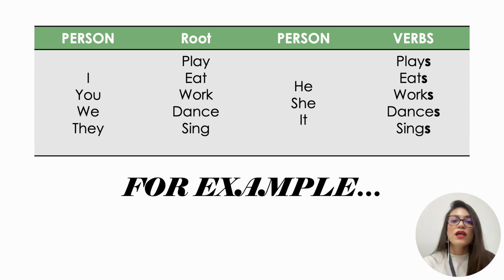For example, he plays, she eats, he works, she dances, he sings, okay? So we need to add an S at the end of the verb just for the affirmative sentences, okay? Only for the affirmative or for the positive sentences we are going to add an S at the end of the verb for he, she, and it, okay?